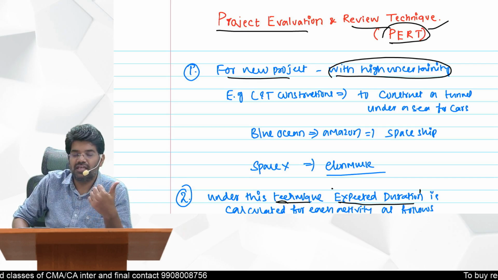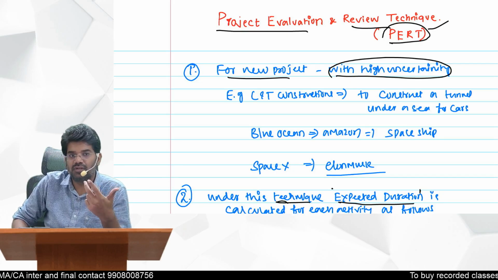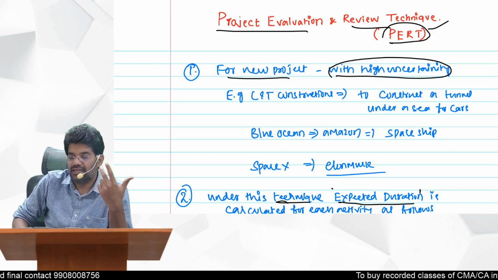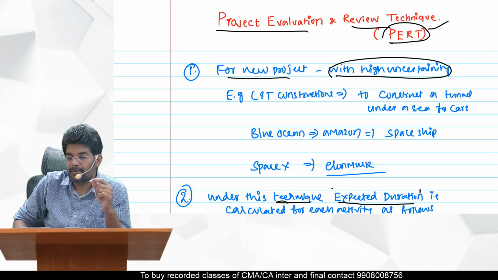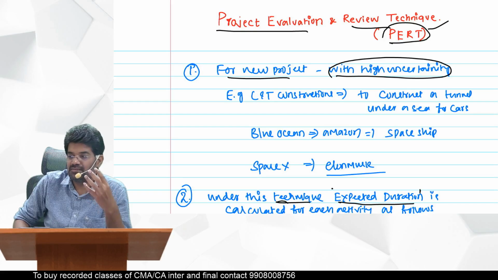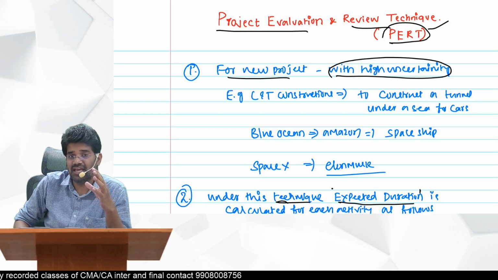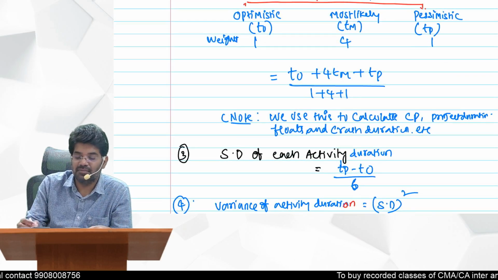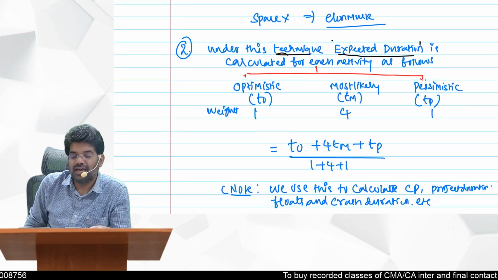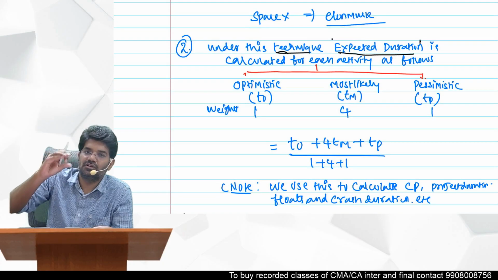First you should calculate the estimated duration for each activity using the formula: TO plus 4TM plus TP, divided by 6. For the most likely case we take a weight of 4. Optimistic means the best scenario, pessimistic means the worst scenario, and the other one is the most likely scenario. By applying this weighted average formula, you can calculate the estimated duration of each activity.